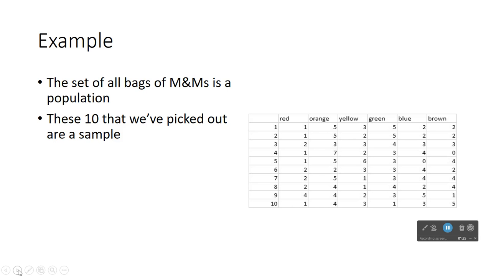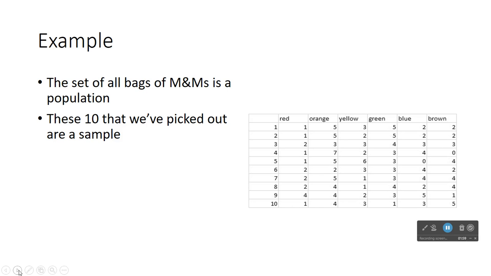As an example of this, I'm going to think of, say, the set of all bags of M&Ms as a population. To get a handle on this, say M&Ms are made in different sizes of bags. There are fun size bags. There are share with a friend size bags. Think of one particular set of sizes of bags produced, say, at an M&M's factory on a particular day.